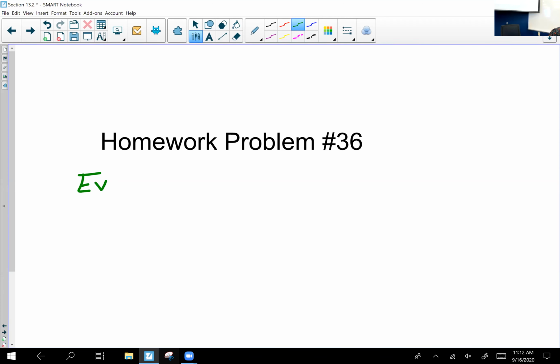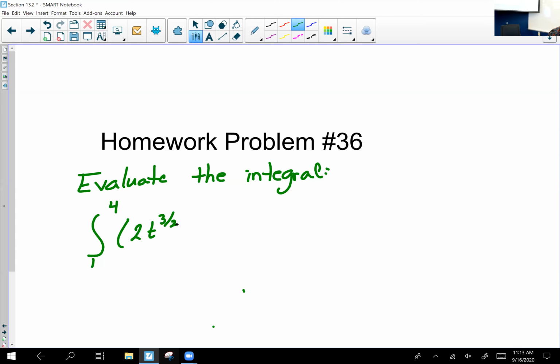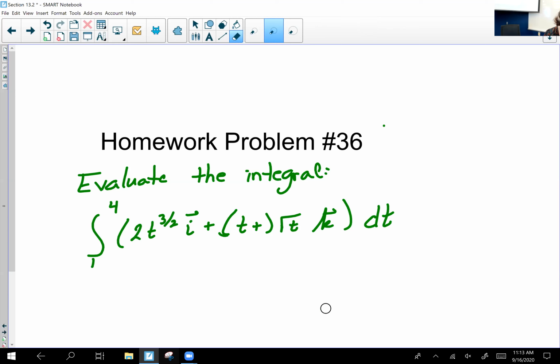It tells us to evaluate the integral, and this one we're actually given limits on. And that is t plus 1 there.